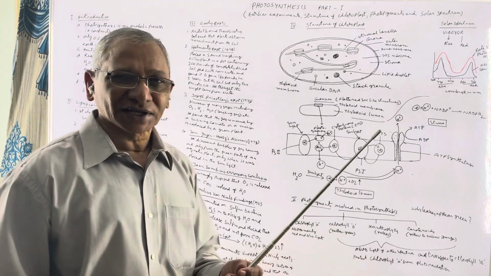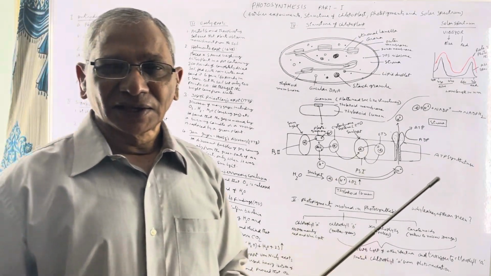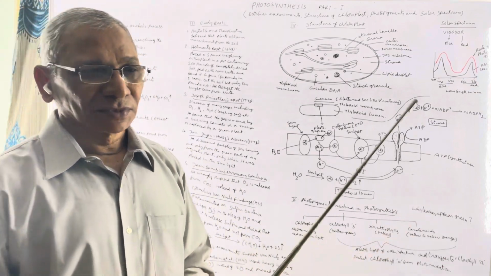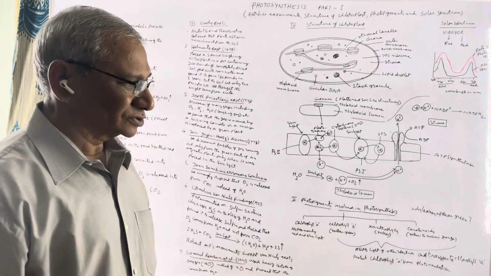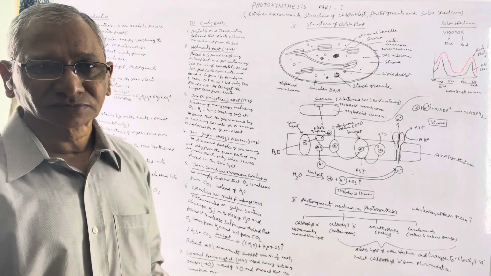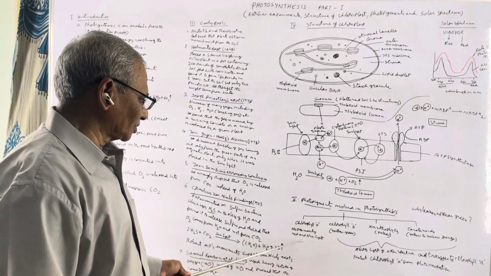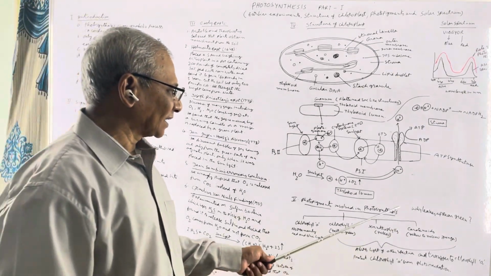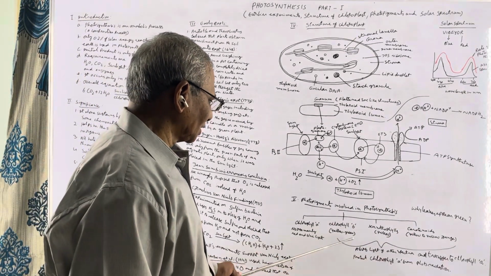Now, a question arises. Why do the leaves appear green in color? The leaves reflect green light. They absorb red and blue light but reflect green light. That's why leaves appear green or greenish in color.